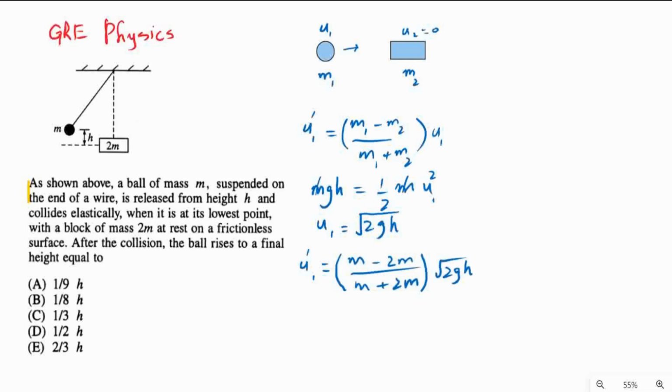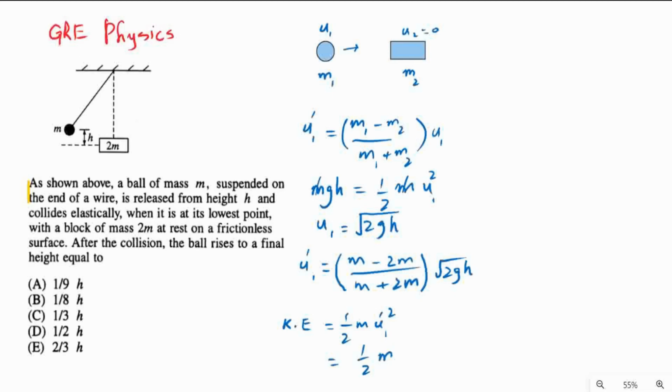Now the kinetic energy of the ball immediately after the collision is half m u1 prime squared. So kinetic energy of the ball after the collision is equal to half m u1 prime squared, and plug in the value of u1 prime here.